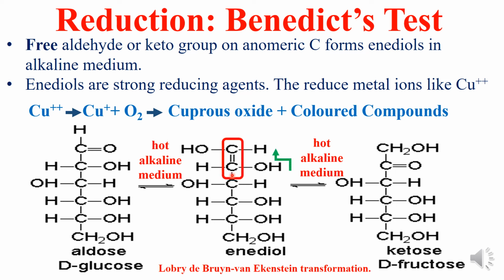This transformation is known as the Lobry de Bruyn van Ekenstein transformation. This enediol formed is a very strong reducing agent and it is capable of reducing metal ions, as I told you.